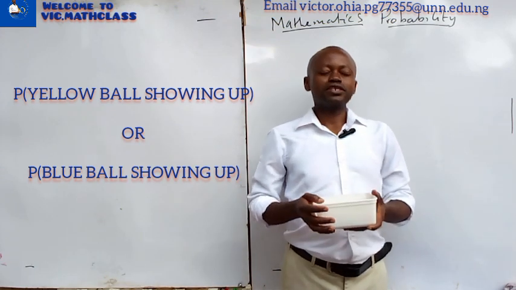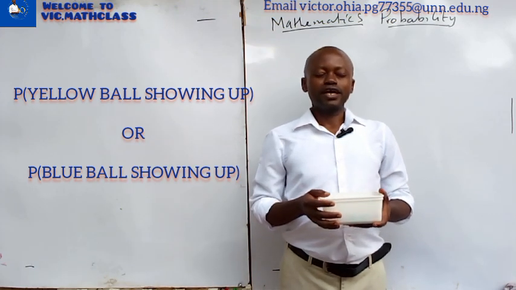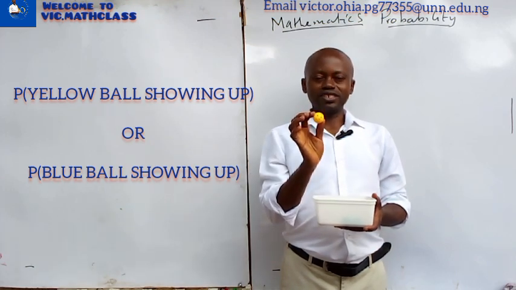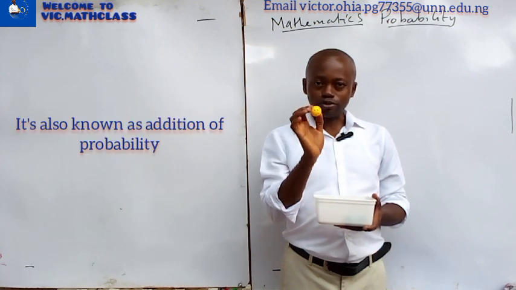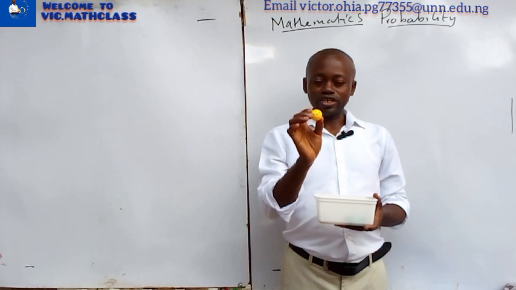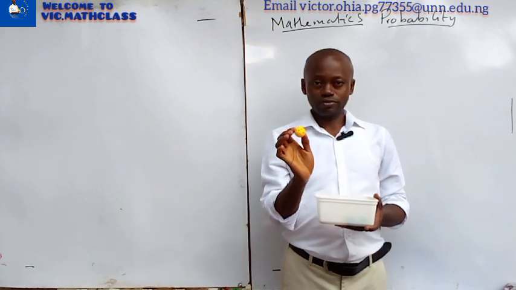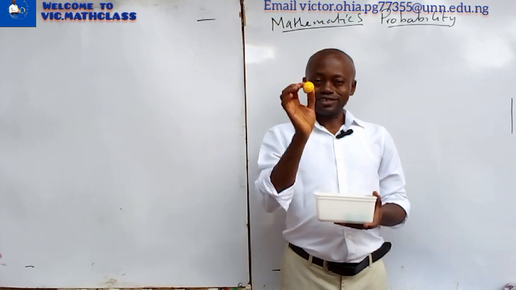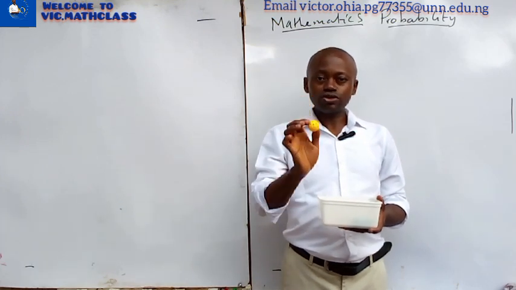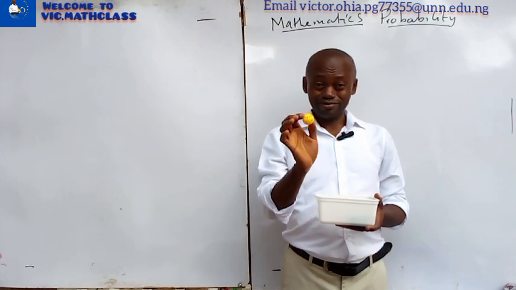I shake this box again, and then I randomly select a ball, and I'm seeing a yellow ball. You understand? This is a yellow ball. It is not a red ball. It is not a blue ball. So as it is a yellow ball now, it is no longer possible for this to be red.